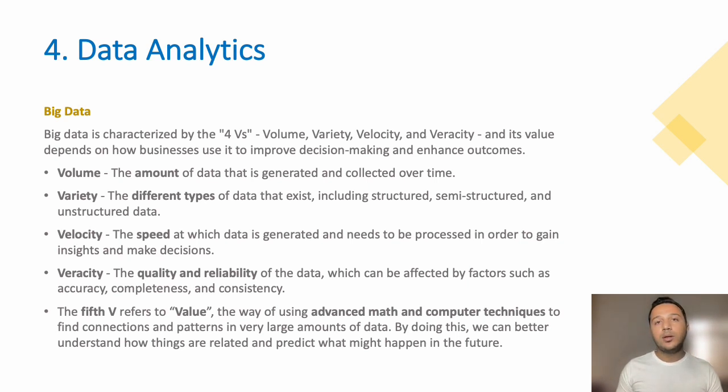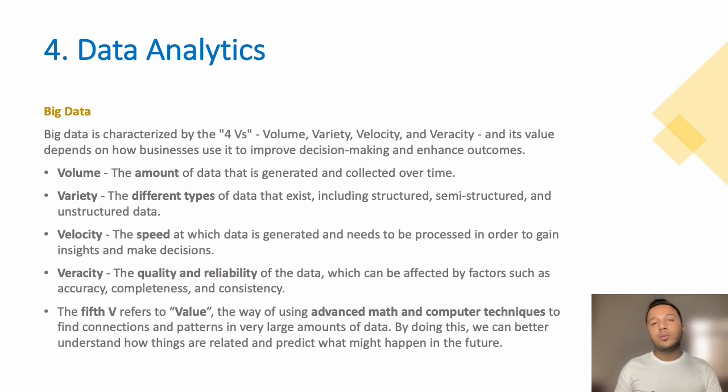Veracity, where the quality and the reliability of data is very important, where we focus on ensuring that the sources from where we are acquiring those data are reliable, the numbers are accurate, the information is accurate, because there is a lot of fake data, bogus data, or manipulative data just to drive certain political advantages or to misguide others. So we need to verify the data quality, which is very important in terms of big data.